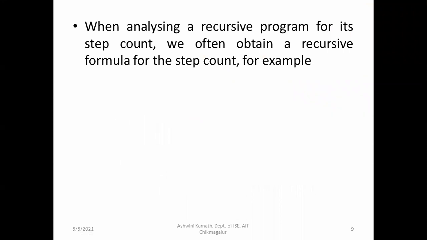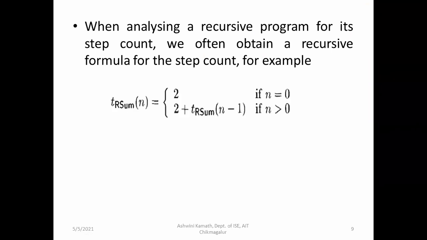So when analyzing a recursive program for its step count, we often obtain a recursive formula for the step count, usually called a recurrence relation. The recursive formula for the recursive program is usually called a recurrence relation. We are going to obtain that formula. So TRSum of n is equal to 2. Okay, count is 2.